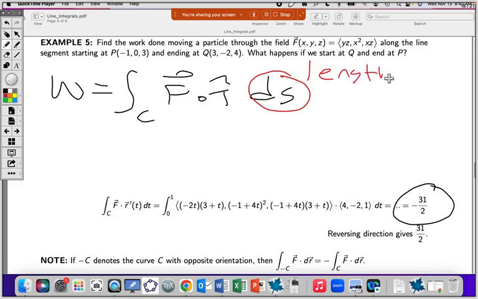Well, what kind of scalar, though? What's the sign? It's always going to be a positive number, okay? So if my work ends up being negative, then that means this is where the negative is coming from.